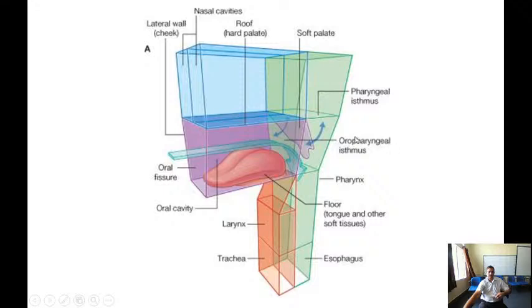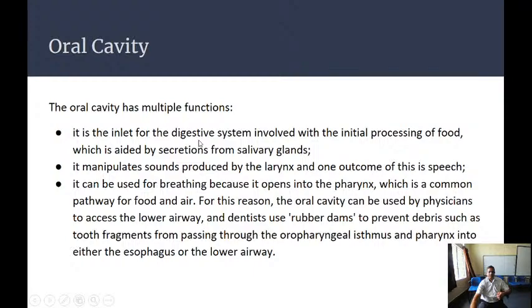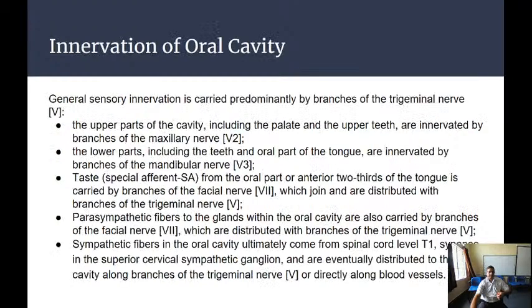The oropharyngeal isthmus is nothing but the continuation of the oral cavity into the pharynx, and this is demarcated by the palatoglossus muscle, which comes from the palate and joins the tongue at the junction of the anterior 2/3 and posterior 1/3. The lateral walls of the oral cavity are formed by the cheeks, and there is a muscle there which is called the buccinator muscle.